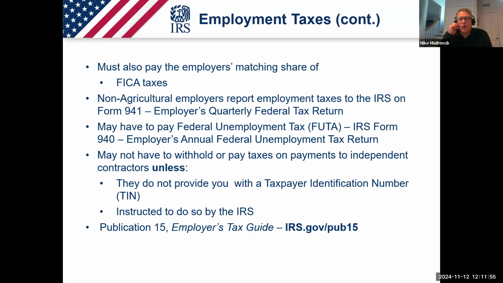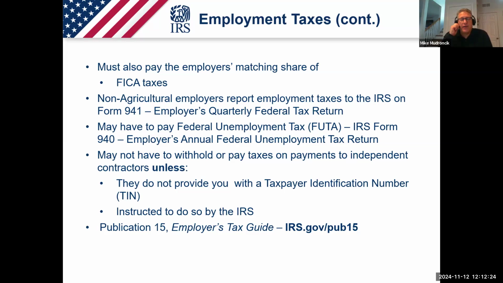So if you're a non-agricultural employer, you're going to report the employment taxes to the Internal Revenue Service on a form, and it's typically this Form 941, which is the employer's quarterly federal tax return. Most employers are filing this return on a quarterly basis using the Form 941.